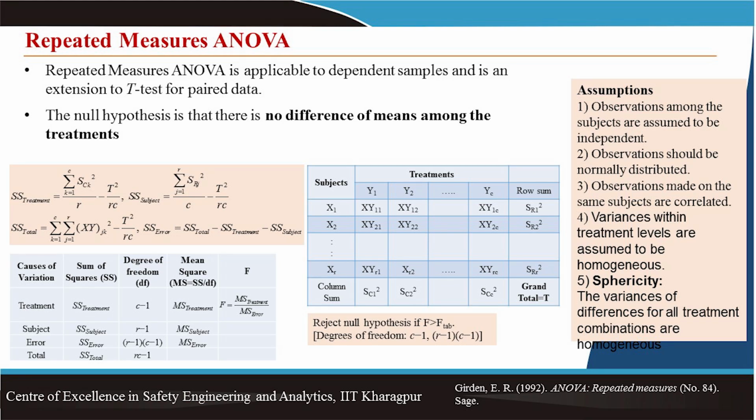The second one is basically this. In the last class we gave an example where there are 12 locations, and the people working in each location are given some kind of training. Before and after training, the safety performance in terms of safe operating procedure violation was compared using the T-test and Wilcoxon signed rank test.